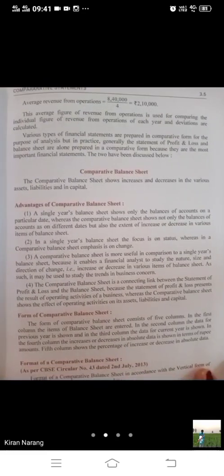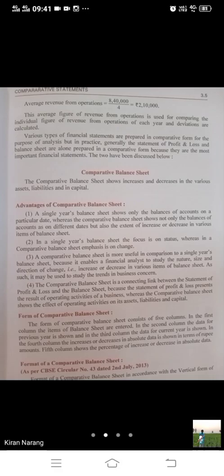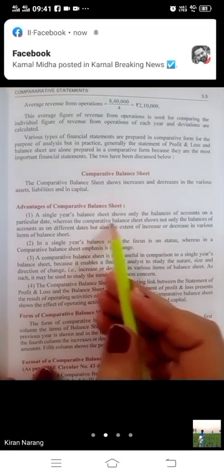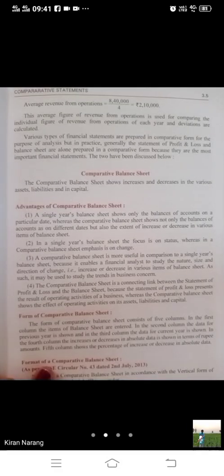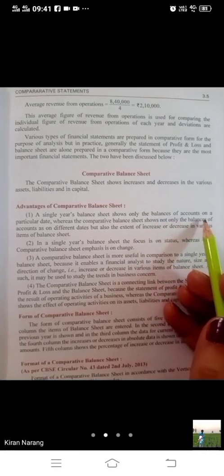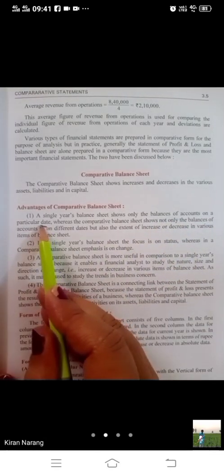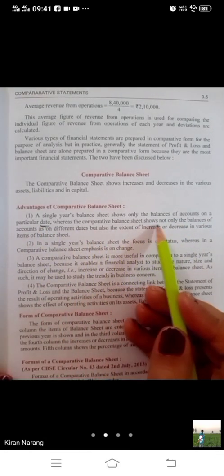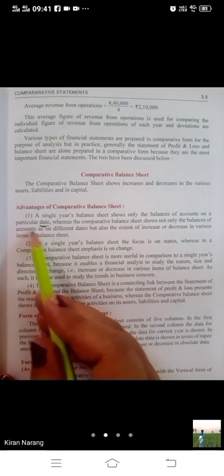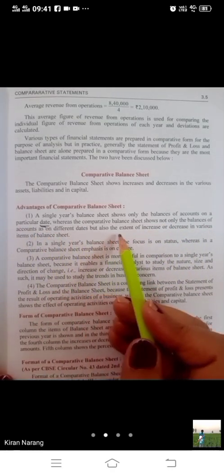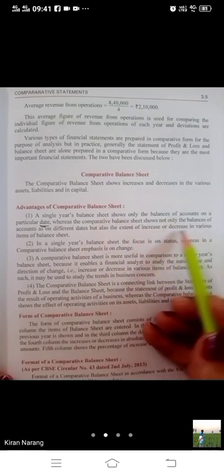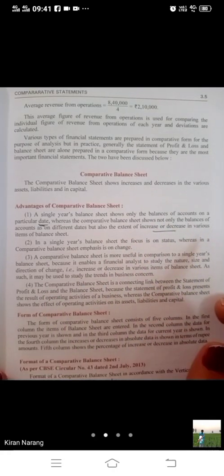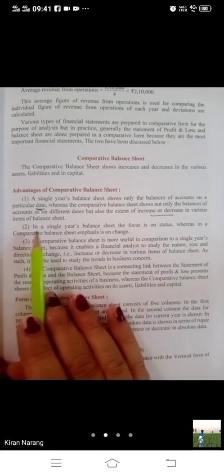Then, what are the advantages of doing comparative study? A single year's balance sheet shows only the balances of accounts on a particular date, whereas a comparative balance sheet shows not only the balances of a particular date but also the extent of increase and decrease. It also tells us the increase and decrease in the balance sheet.